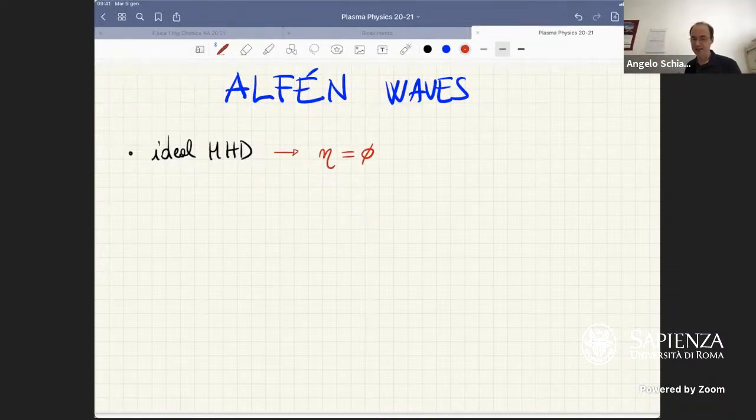So ideal MHD you can imagine as a situation where we have the plasma fluid and an externally applied magnetic field that somehow constrains the evolution, the propagation of the fluid.